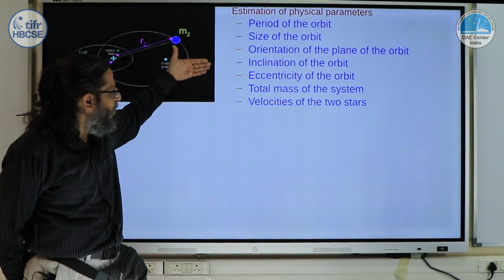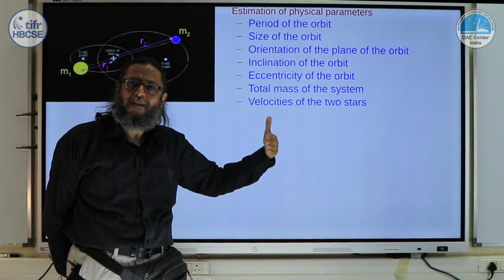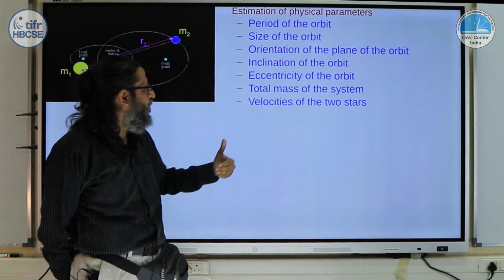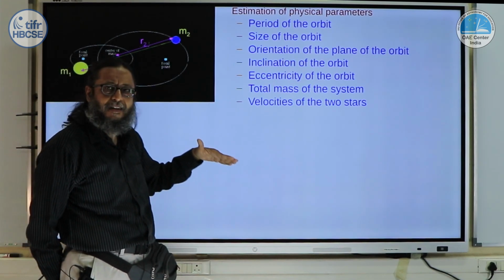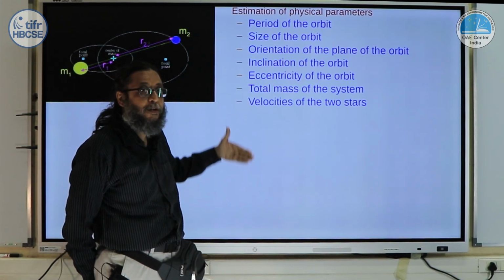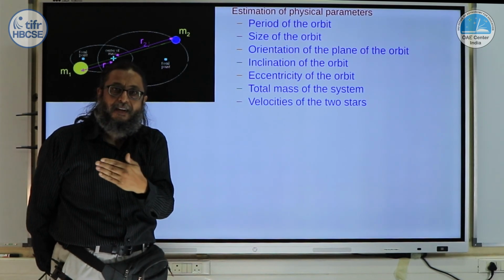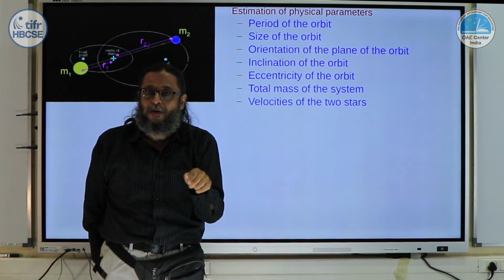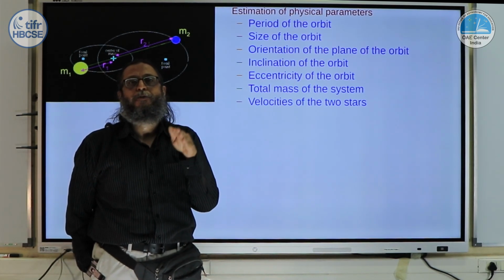But as we go to the different classes of binary star systems, we will realize that in certain classes, we measure certain properties directly, and the other quantities are calculated or inferred from the measured quantities.